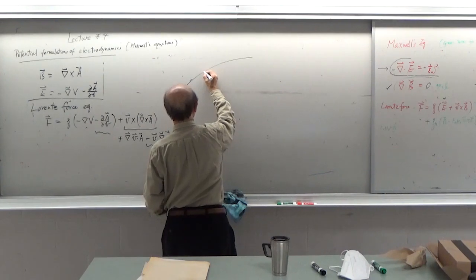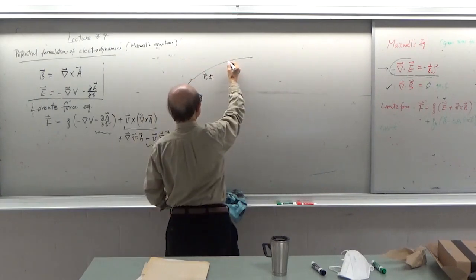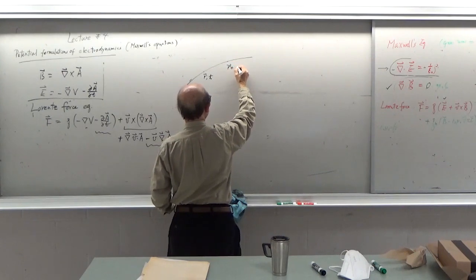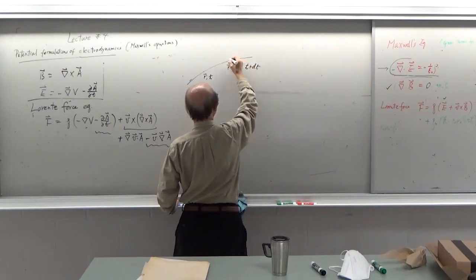Let's say that at this point r, at time t, the particle is here, and then at a slightly later time, at r plus dr, at time t plus dt, it is at this location.